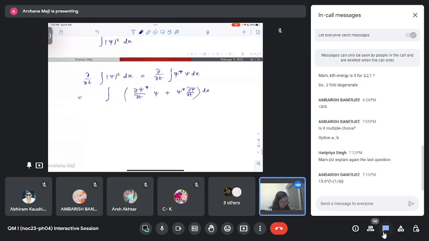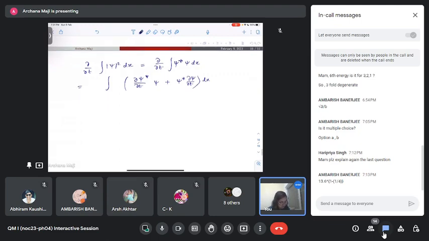Okay, and then I can use Schrodinger's equation to substitute here. So minus h cross square over twice m.